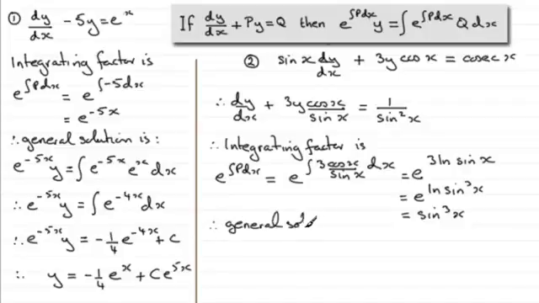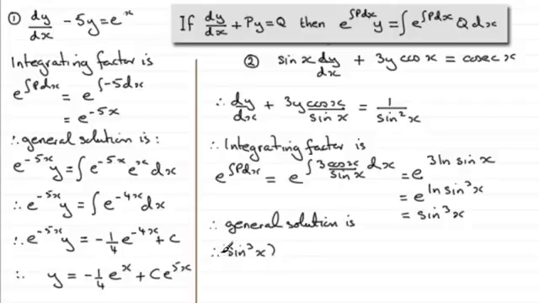So that means that therefore our general solution is going to be, using the formula that we've got up here, e to the integral p dx times y, so that's sine cubed x multiplied by y.